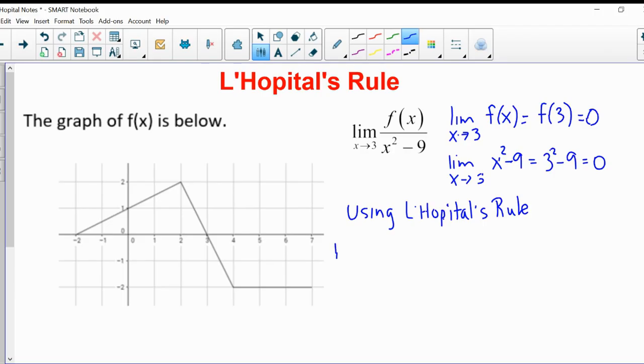and then I will find the derivative of both the numerator and denominator. So the derivative of the numerator would be f prime of x.